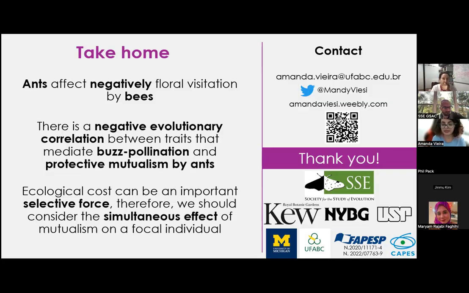They are just collecting the resource, but they might not stay on the flower for a long time. So it's possible that ants might have a stronger effect on vibrating species than non-vibrating species, or also on smaller species than larger species.